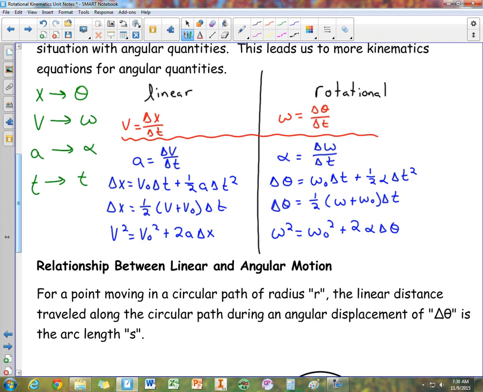And that's basically it. We would still make the same list of knowns and unknowns. What's your initial velocity, what's your final velocity, what's your acceleration, what's your time, what's your displacement. Using those, we can figure out which kinematics equation we want to use to solve which problem. That's basically it.